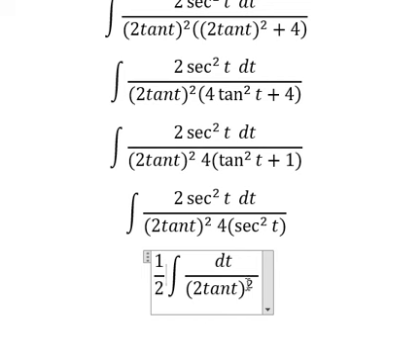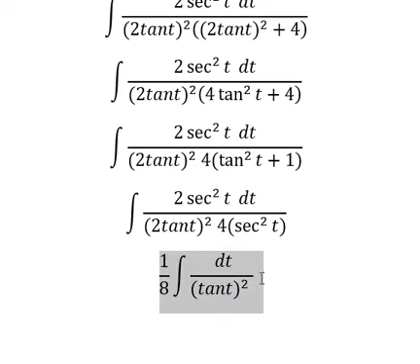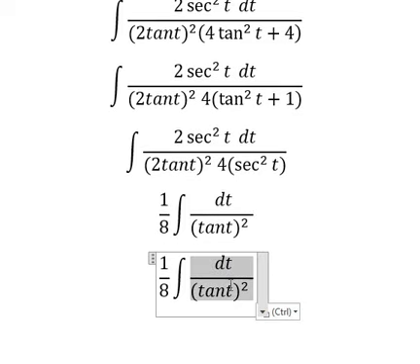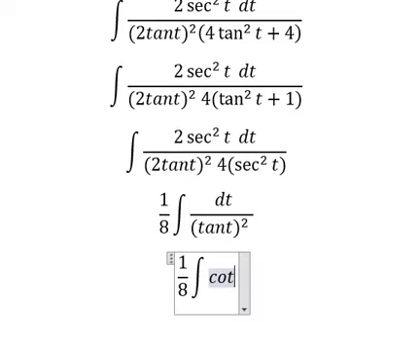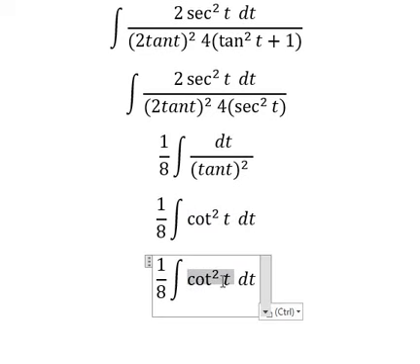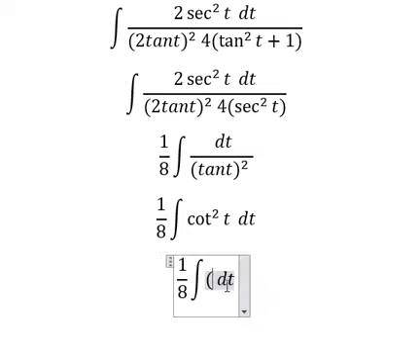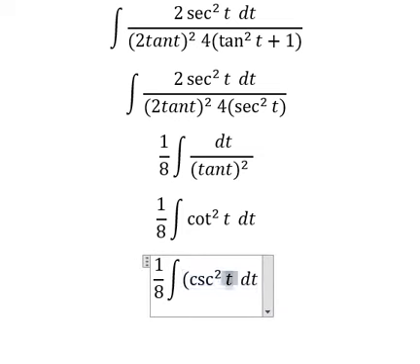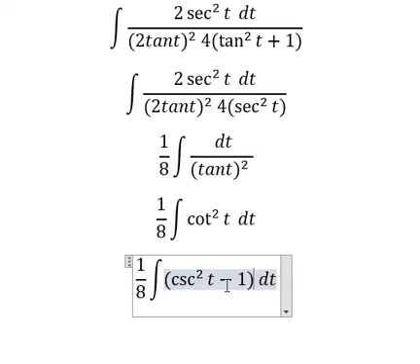So 2 and 2 in here, that is 4. 4 with 2, that is 8. And this one is cosine t squared. Cosine t squared is cosecant of t squared minus 1.